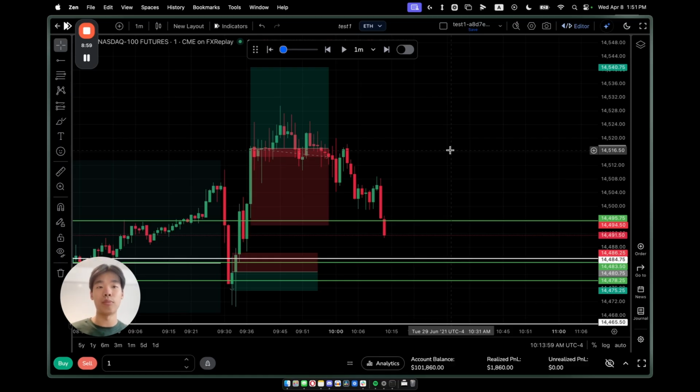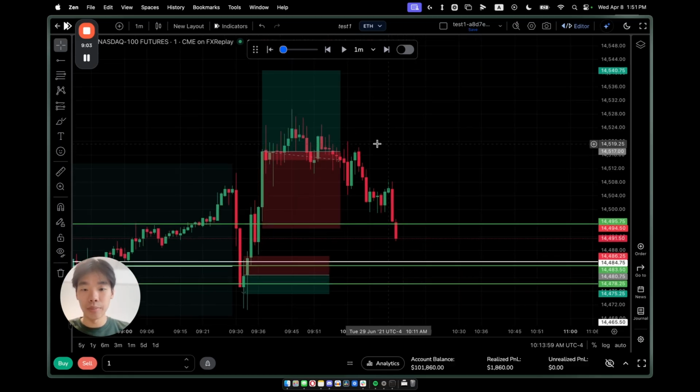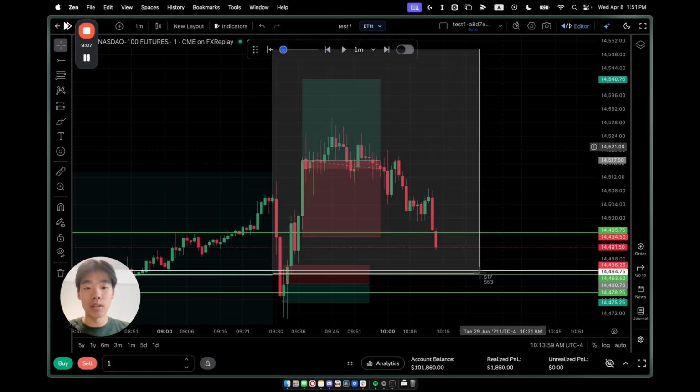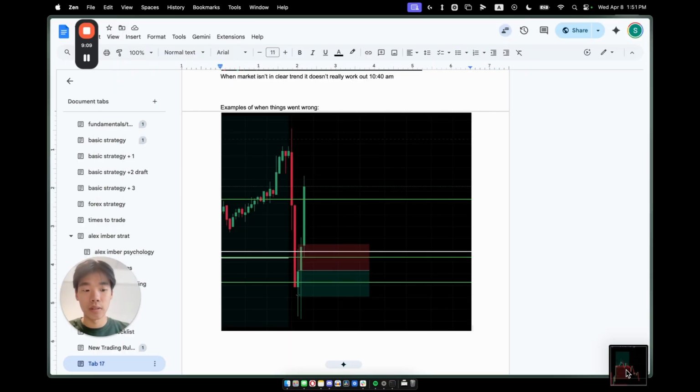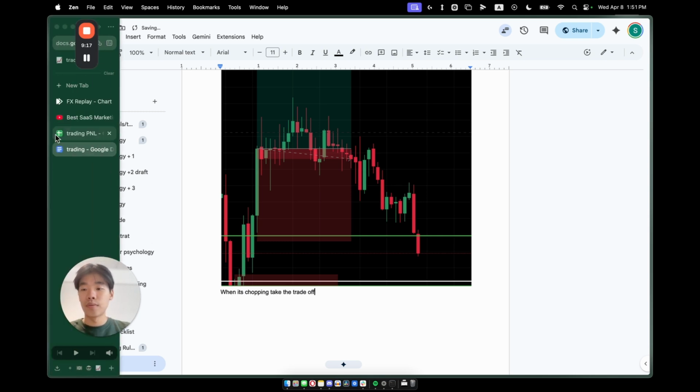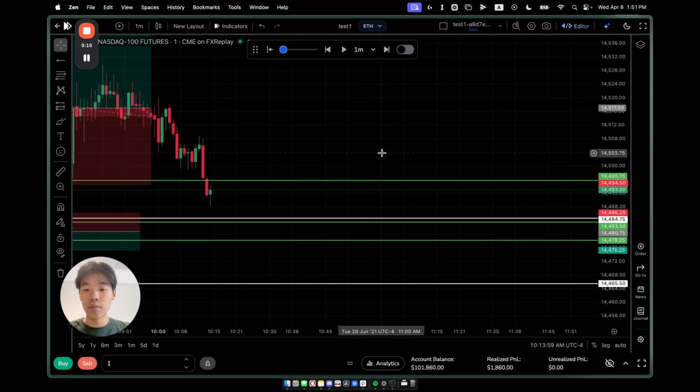Of course, regular retracements could happen, but all this chop, no, this is just not it. I just want to make sure I document this stuff: when it's chopping, take the trade off. It's just not worth it, you know what I mean?